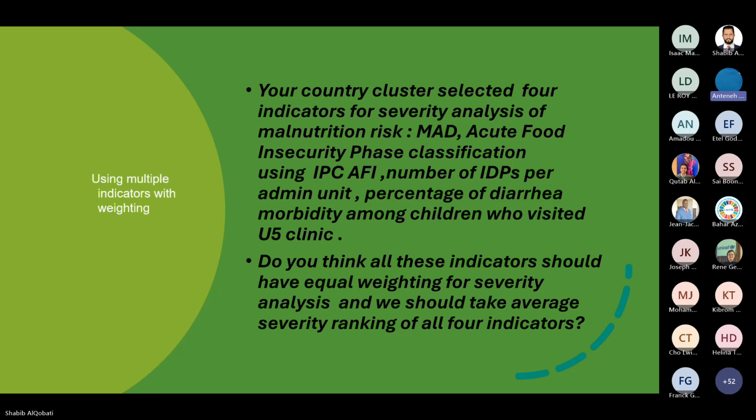You could apply varying weighting, or give more weighting to the nutrition-specific indicators, the minimum acceptable diet and child morbidity. So Regina is suggesting we apply varied weighting for these different indicators.